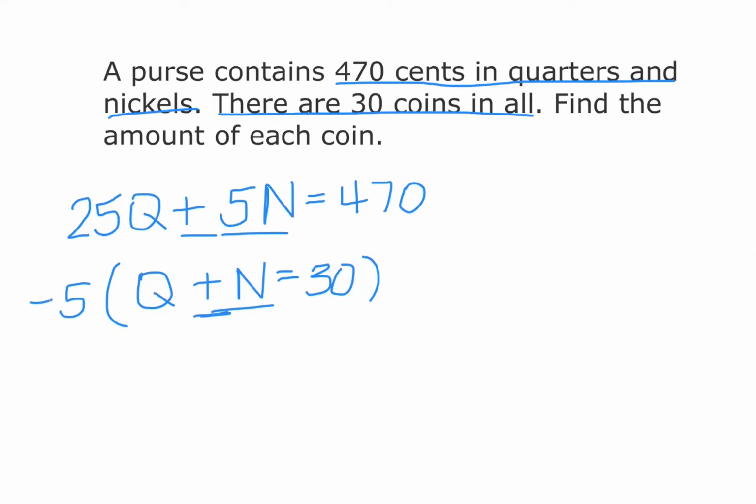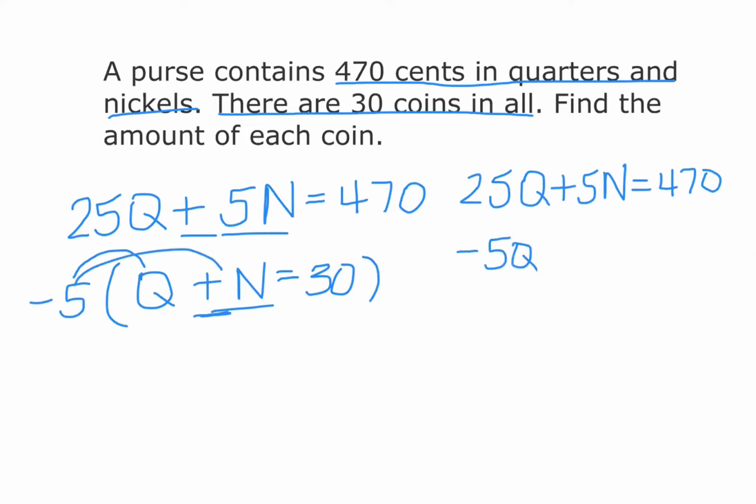Okay? Now, I'm going to rewrite this equation, 25q plus 5n equals 470. And now I'm going to write the new equation down here. -5 times q is -5q. -5 times positive n is -5n equals -5 times positive 30, -150.